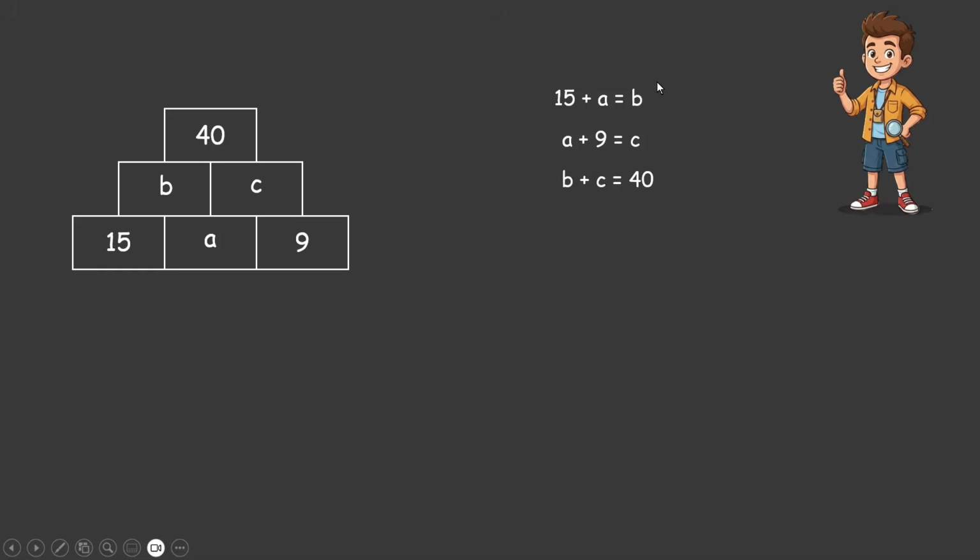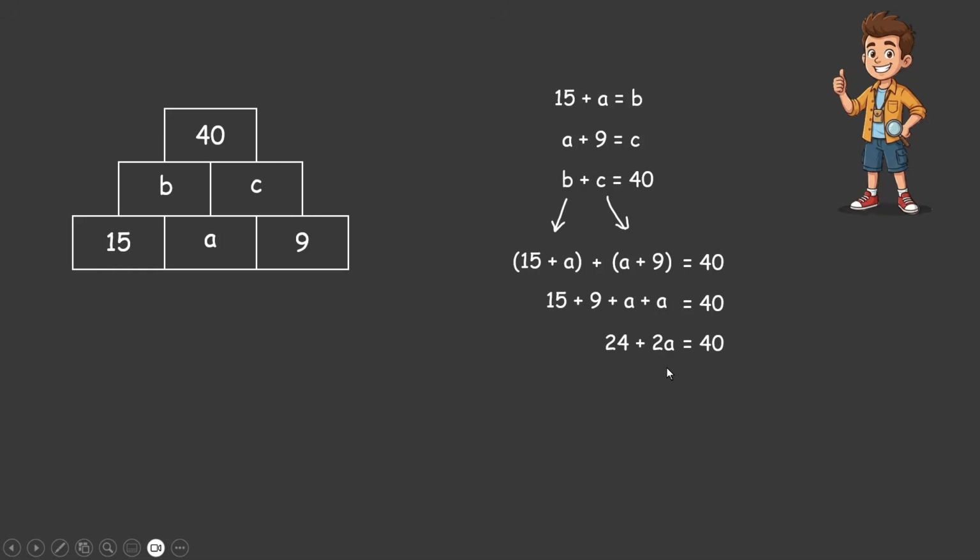Now, what is B? B is actually 15 plus A, right? So, B is 15 plus A, and C is A plus 9. Now, if we add these two, we are getting 40. How about we group the numbers? 15 plus 9 plus 2A is equal to 40. 15 plus 9 is 24. A plus A is 2A.